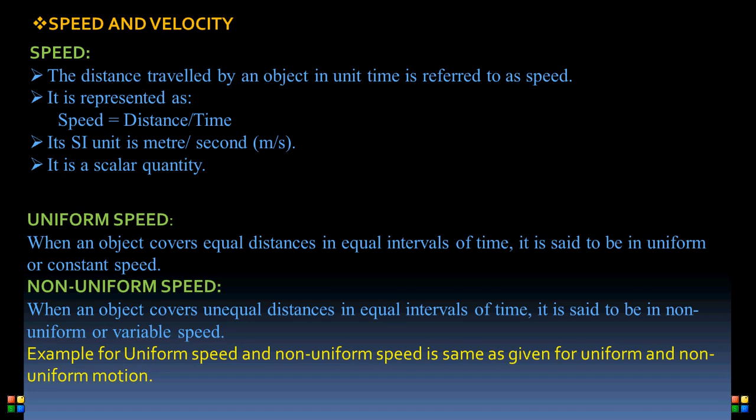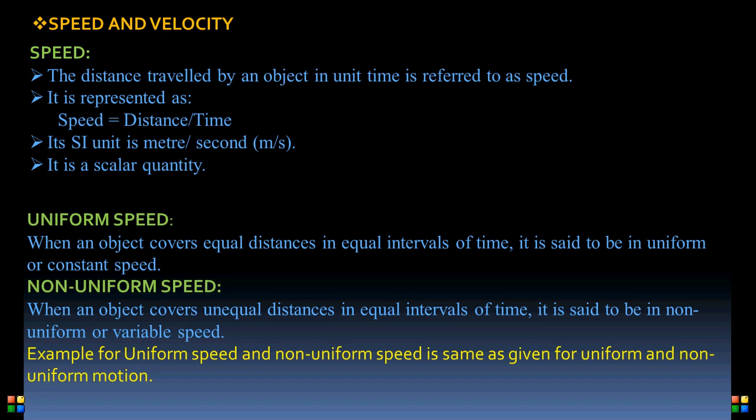So uniform speed can be called constant speed, while non-uniform speed can be called variable speed. Examples for uniform speed and non-uniform speed are the same as given for uniform and non-uniform motion, so I'm not going to give you any example here.